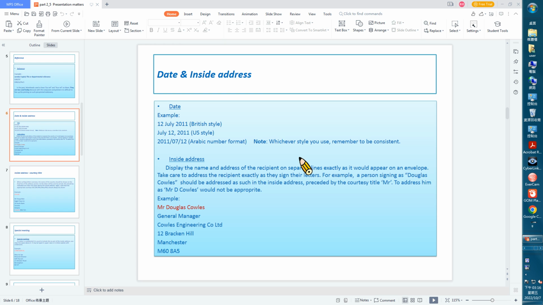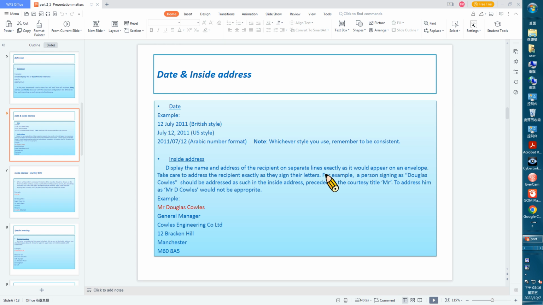Inside address. Display the name and address of the recipient on separate lines exactly as it will appear on an envelope. Take care to address the recipient exactly as they sign their letters.